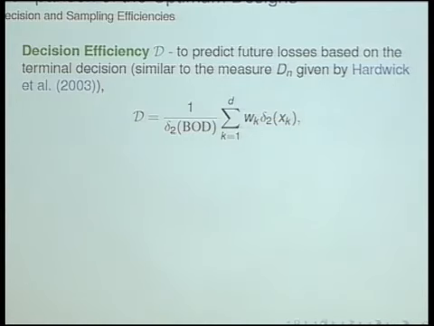And if you have the ideal situation that all people in all simulations get the best dose, this will be delta 2 at BOD. This will be 1, and for only one K, all other Ks will be 0, D will be 1. If this spreads, of course, this will be less than 1.